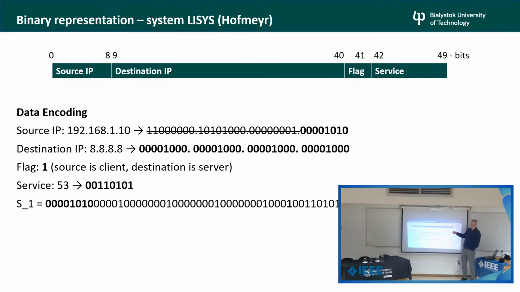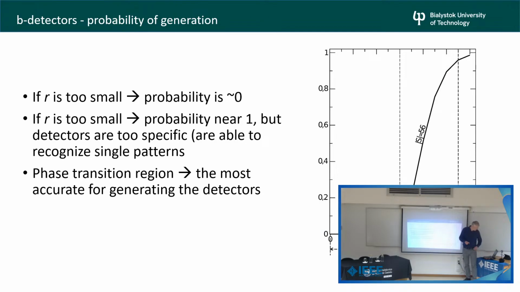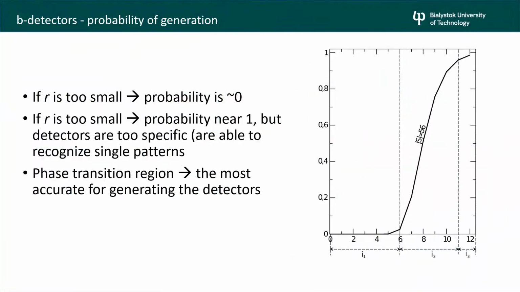The detectors are generated randomly, so it is difficult to generate such possible detectors and verify whether a possible detector can be moved to the detector set, or whether it cannot be used as a detector because it recognizes self. So the binary representation cannot be used for intrusion detection systems because it's not possible to generate good detectors.